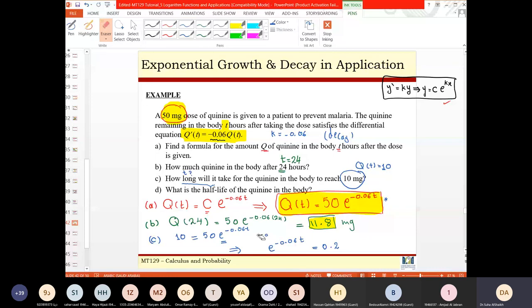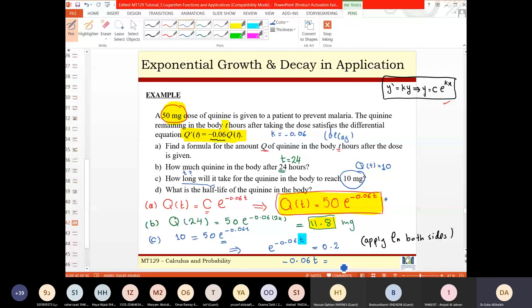Come on, what should I do now? If you remember from last time, T is trapped inside the exponential. How can I let the T out? Apply the ln. Excellent. So we apply the ln to both sides. So I will get minus 0.06 T equal to ln of 0.2.